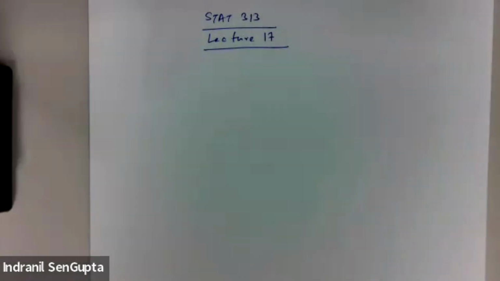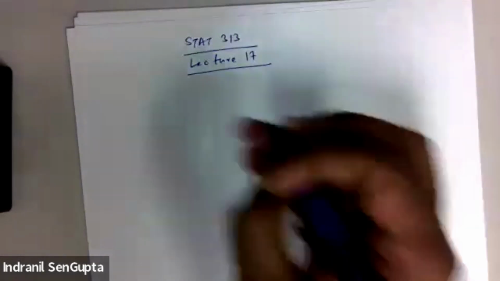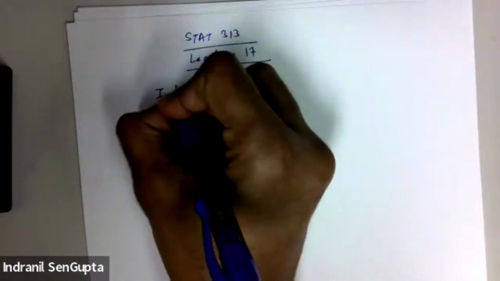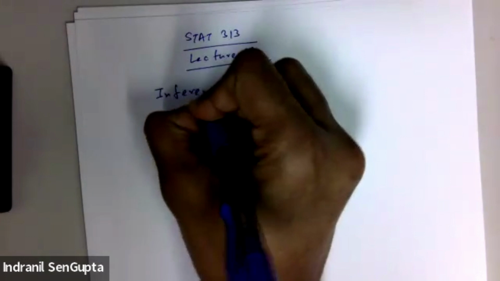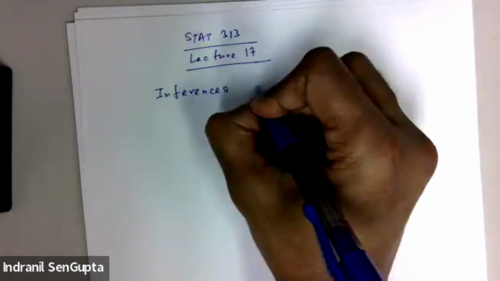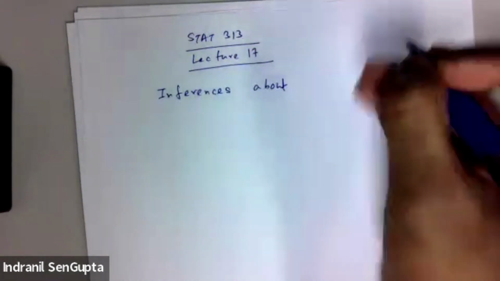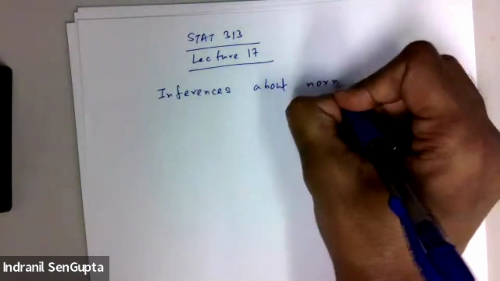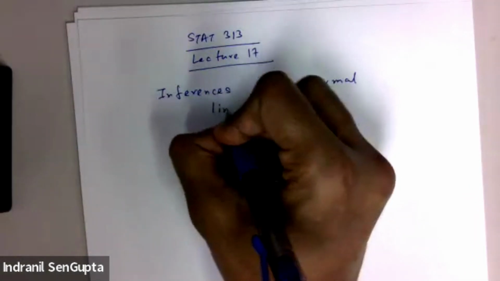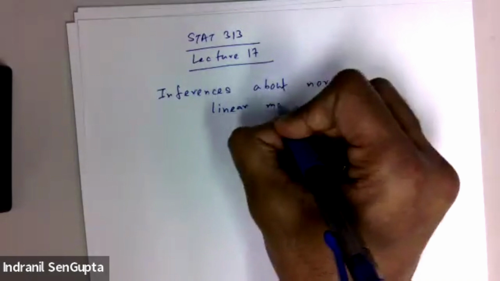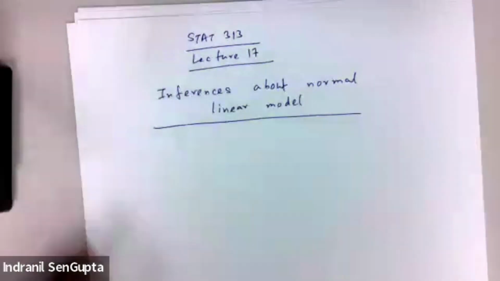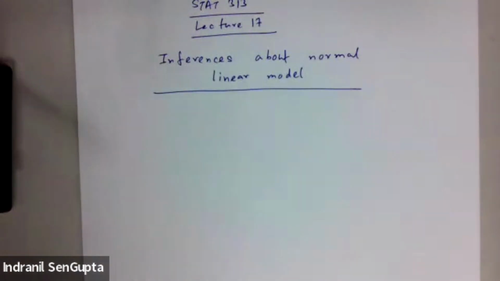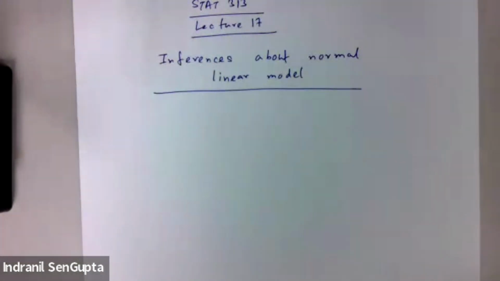This is called Inferences about normal linear model. That's what we're going to study, and we'll be starting the study with the analysis of variance.